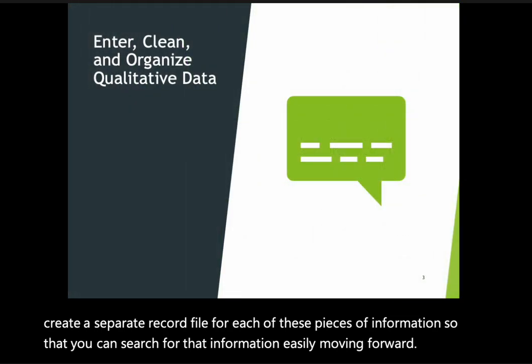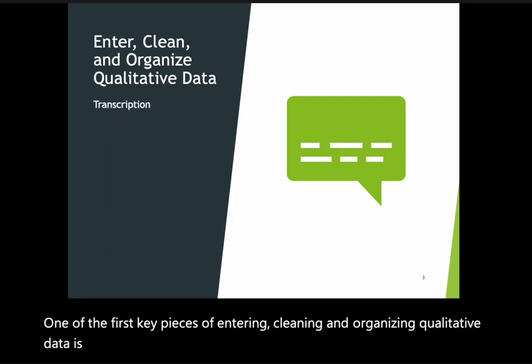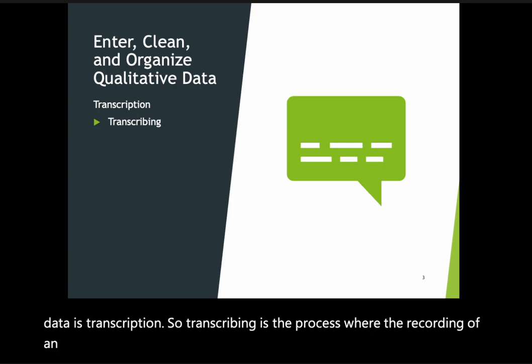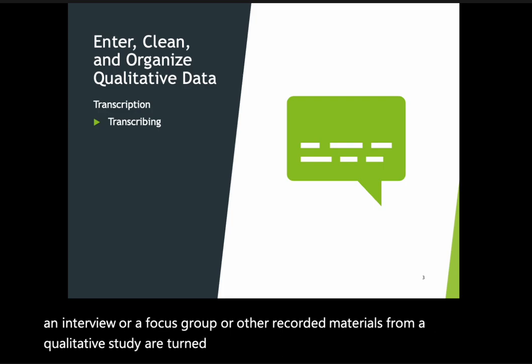One of the first key pieces of entering, cleaning, and organizing qualitative data is transcription. Transcribing is the process where the recording of an interview or a focus group or other recorded materials from a qualitative study are turned into written words.